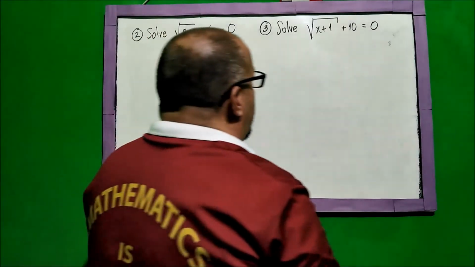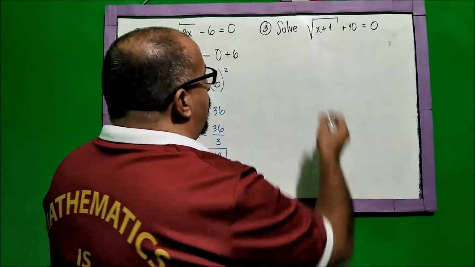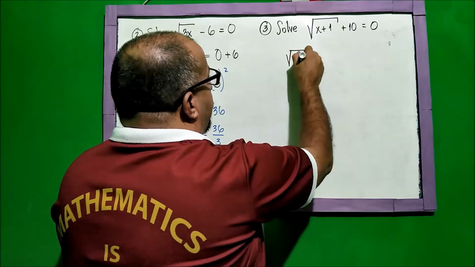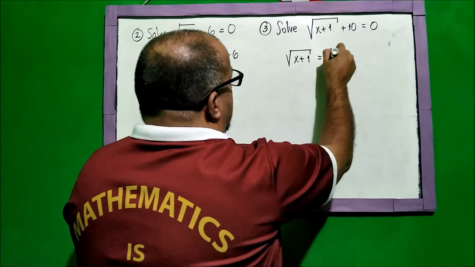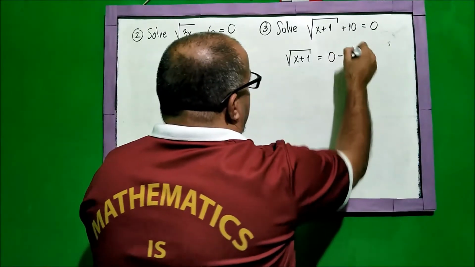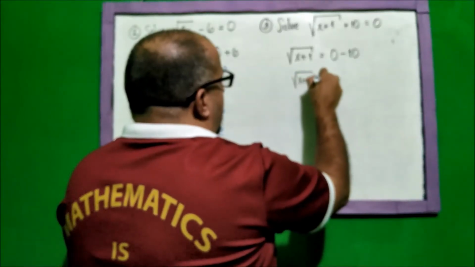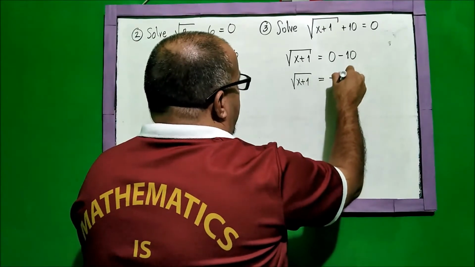So, by leaving the radical alone, first, square root of x plus 1 equals 0 minus 10. And then square root of x plus 1 equals negative 10.